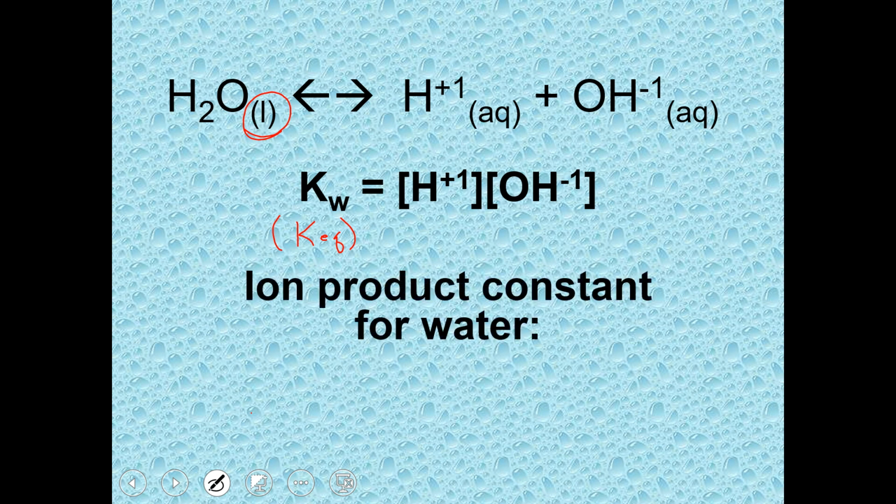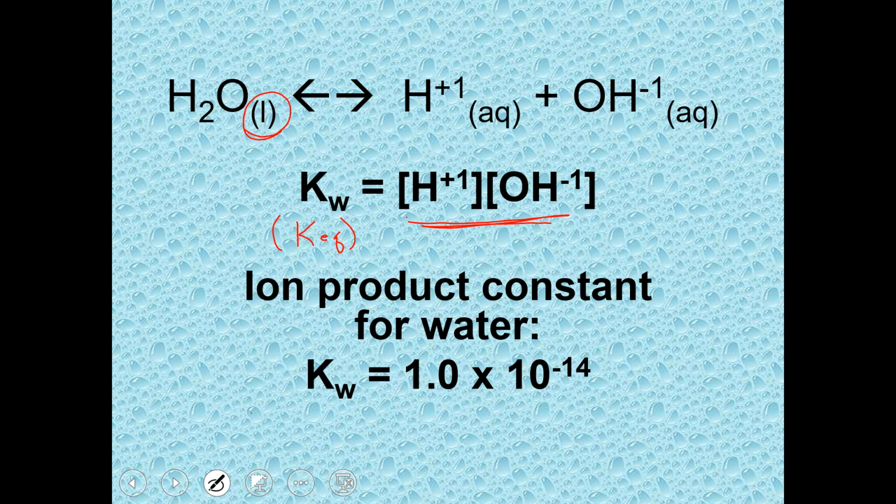The equilibrium constant for water is sometimes referred to as the ion product constant for water, since it's the two ions multiplied together. But this is the equilibrium constant for water at 25 degrees Celsius, and the value of it is 1.0 times 10 to the negative 14.